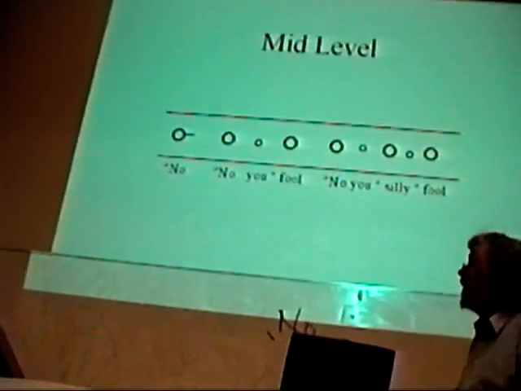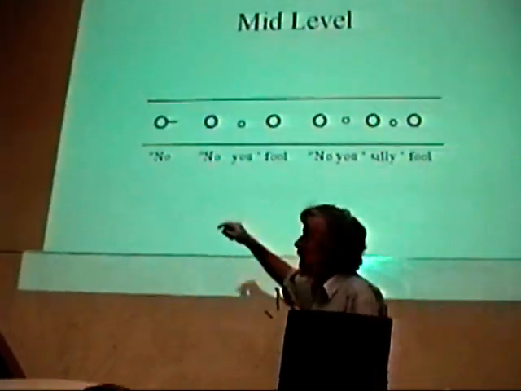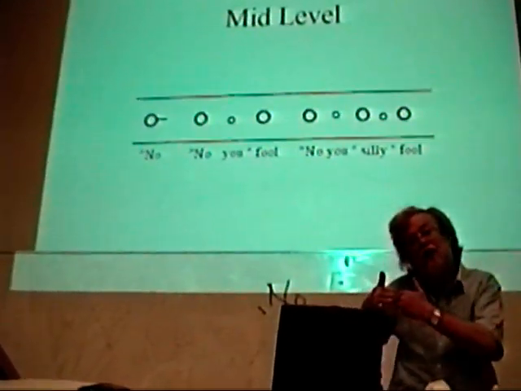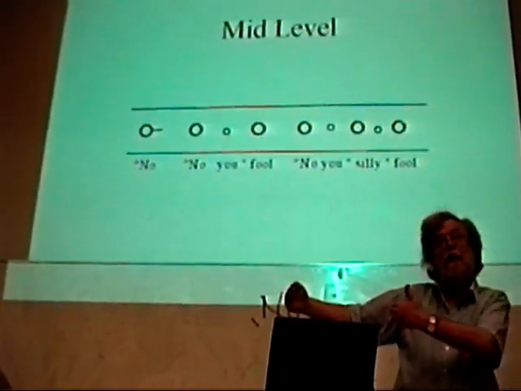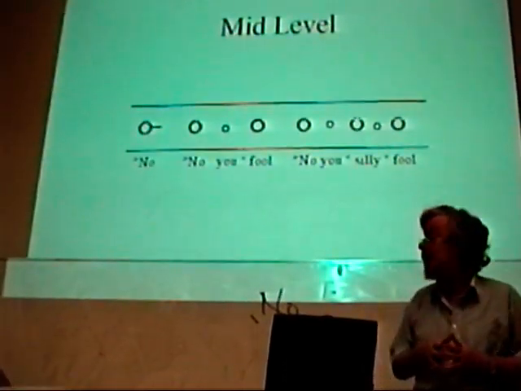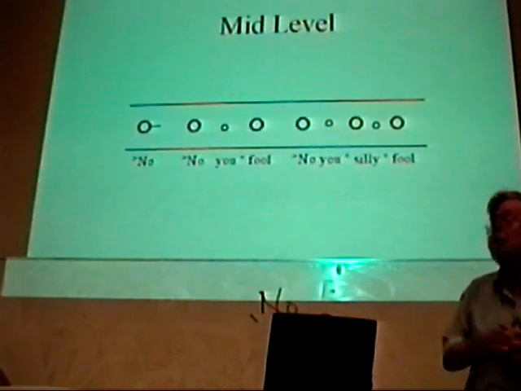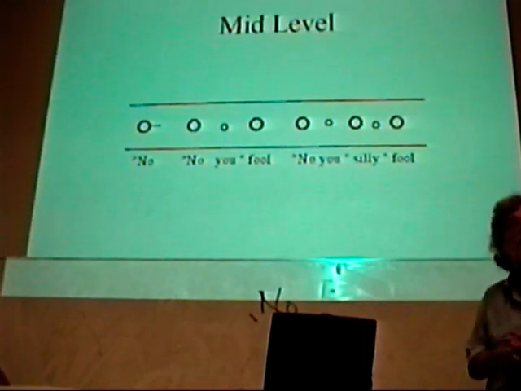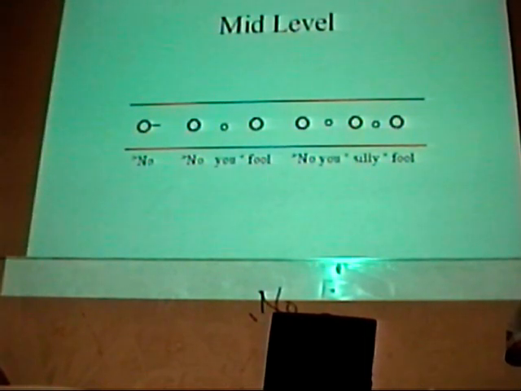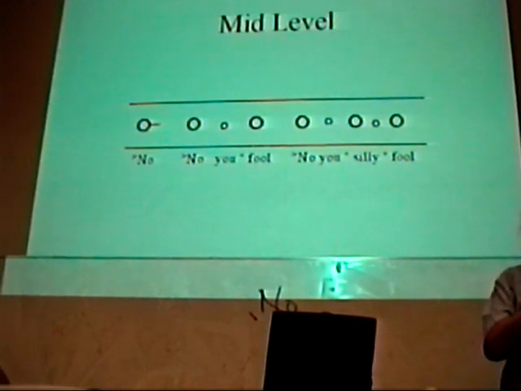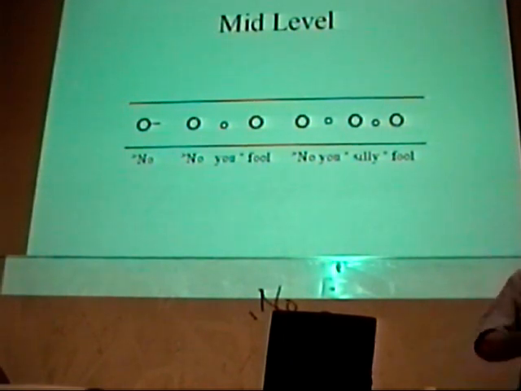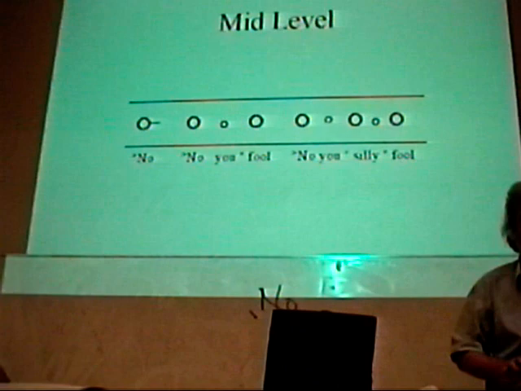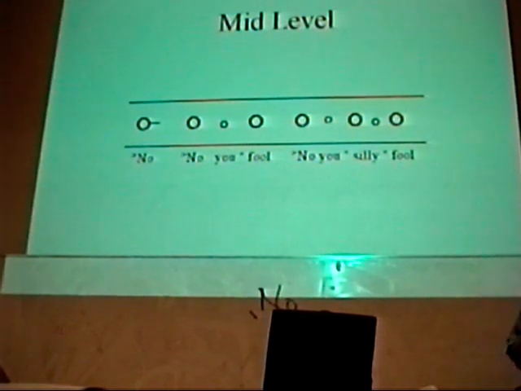This little mark after the first one shows that you actually stretch the syllable out a bit for a mid-level nuclear tone. So, "no, you fool, no, you silly fool." Don't use that too much. People will start rolling their sleeves up if you do that. Okay, so that's a mid-level nuclear tone.